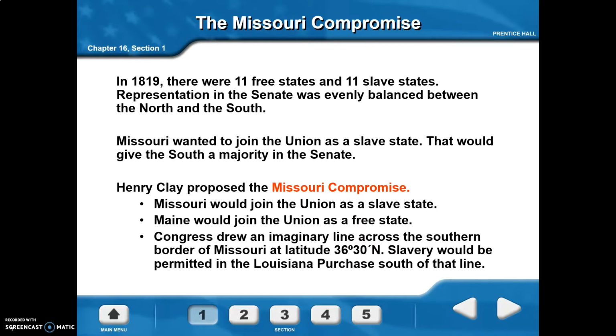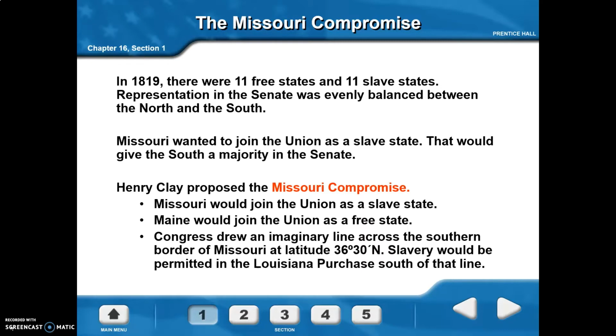And in 1819, Missouri wanted to join the U.S. as a slave state. Okay, and that caused a huge crisis. In the North, the Northern congressmen stated that if Missouri entered the Union as a slave state, it would tip the balance between free and slave.